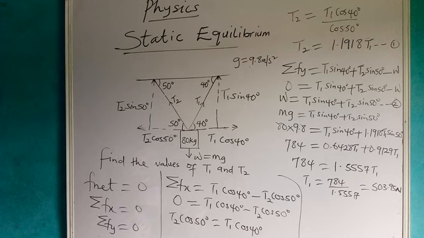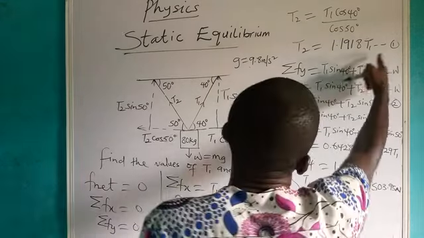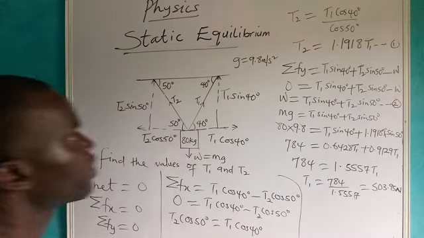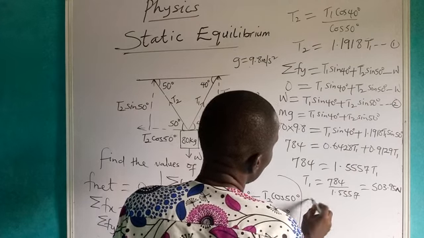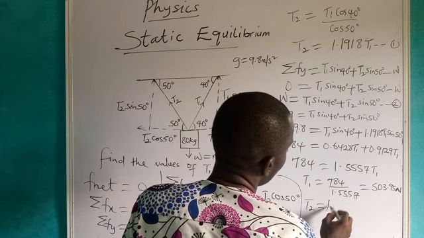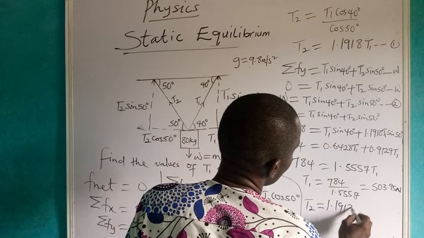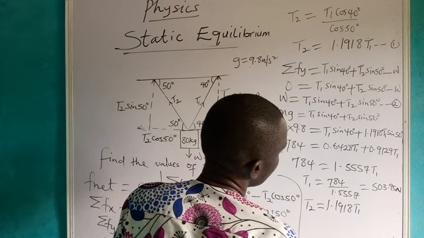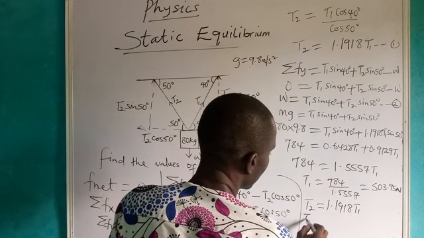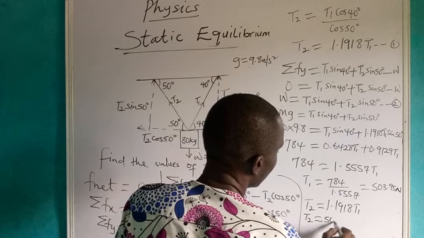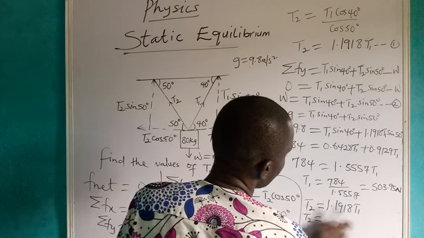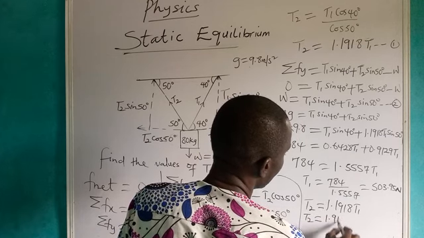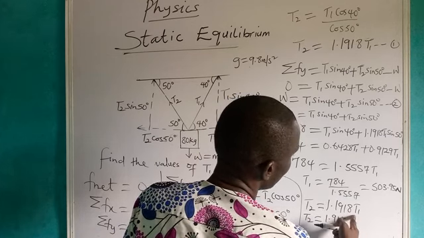To get T2, I have to move to equation 1. Let us now move to equation 1. Equation 1 is T2 equal 1.1918 T1, and we are able to obtain the value for T1. It means that T2 is now equal to 1.1918 times T1.